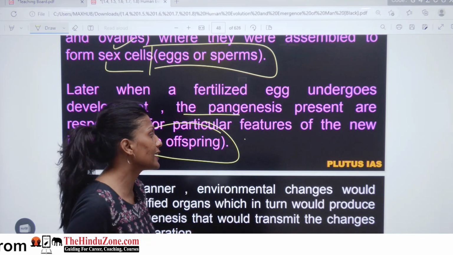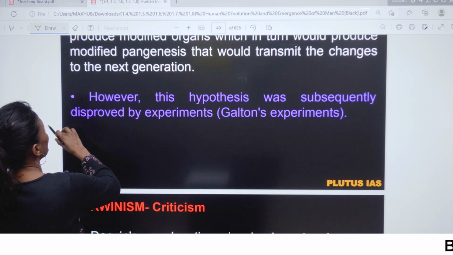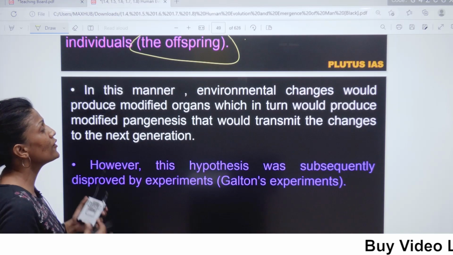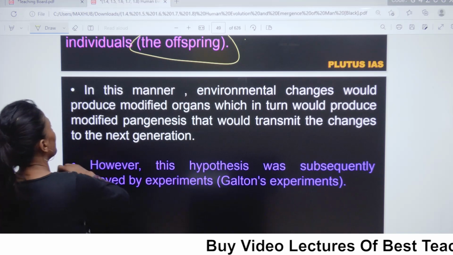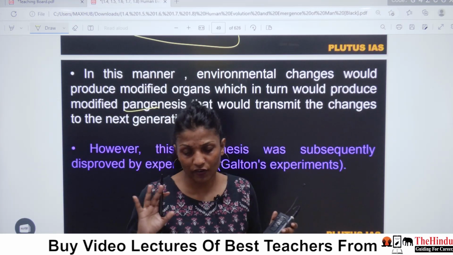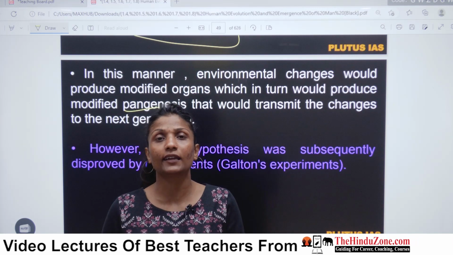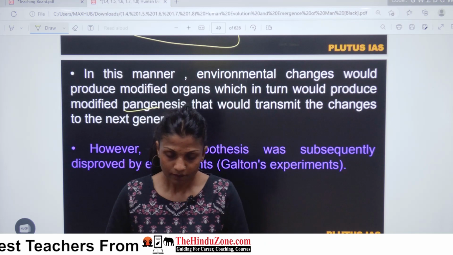So guys, in this lecture I have explained Darwinian theory, right? I have explained how environmental changes actually modified organs, and then we have modified pangenesis, and this theory for a great period of time explained the evolution of living organisms.